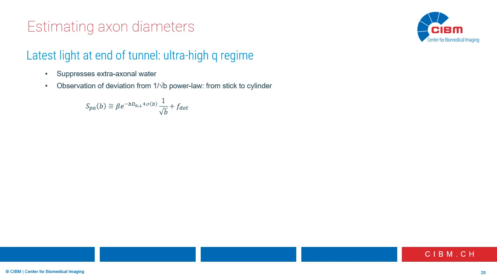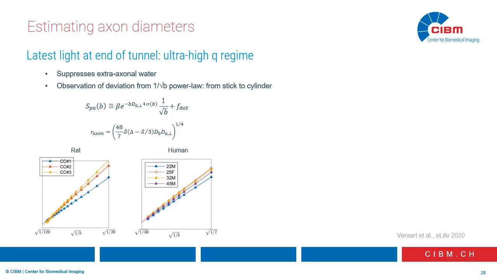The powder average of your signal now varies as 1 over square root of b with a corrective term, exponential minus b D_A perpendicular, where this is your diffusivity perpendicularly inside the axon. Once you're estimating this, you can retrieve the axon diameter or radius from this estimation of the perpendicular diffusivity.